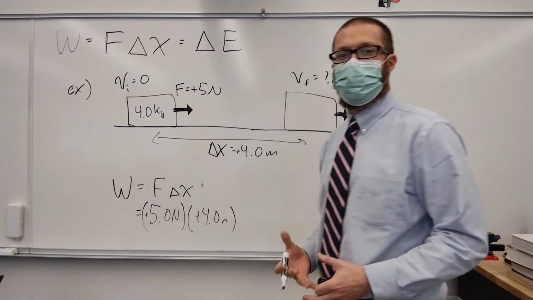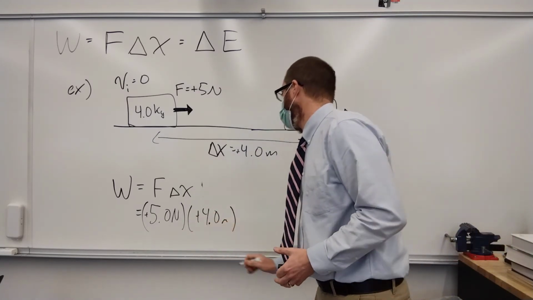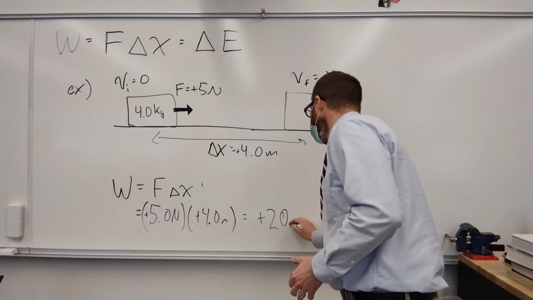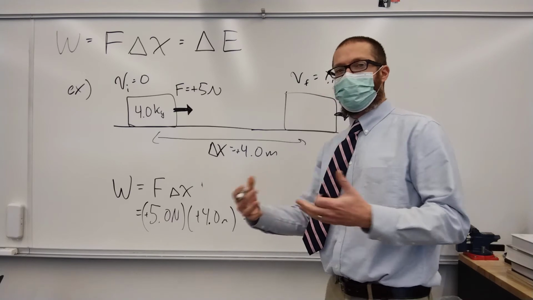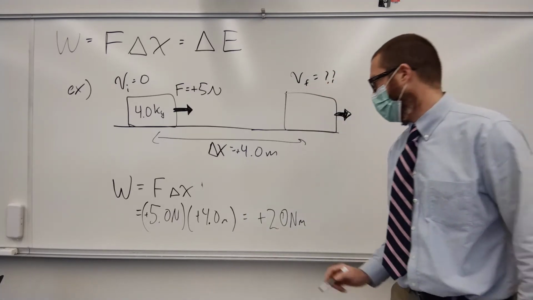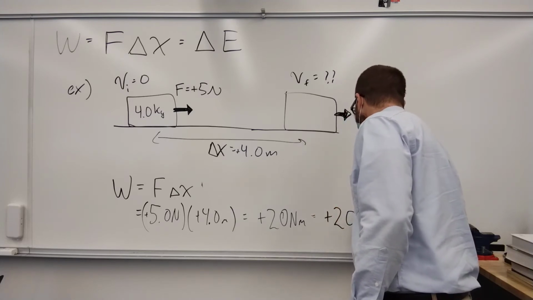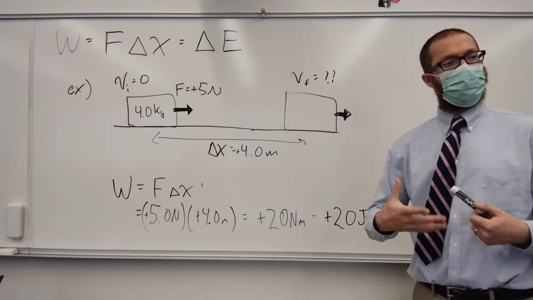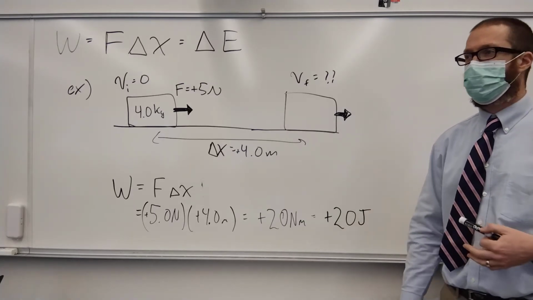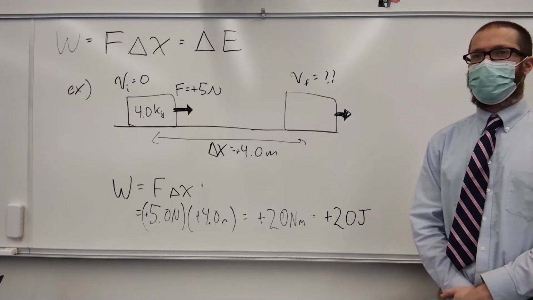So 5 newtons times 4.0 meters, you get positive 20 newton meters, which, remember, is what a joule is. 20 newton meters is 20 joules. So the work done is 20 joules. The box would gain 20 joules of energy. So that's where we started.